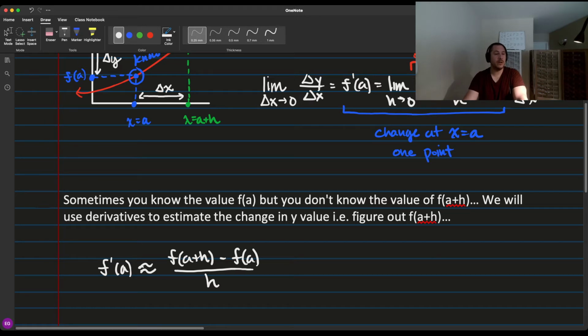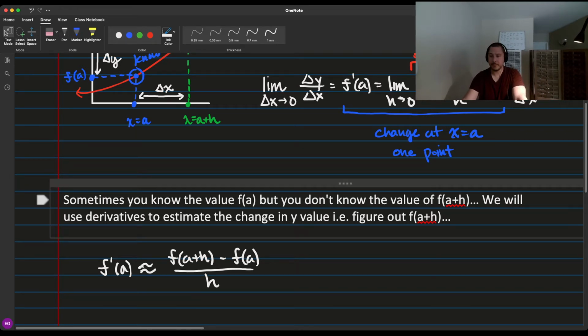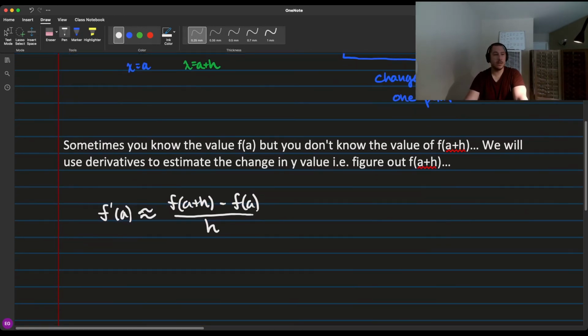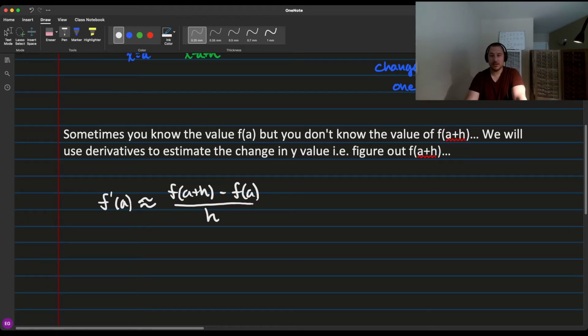So the derivative is going to be pretty close to f of a plus h minus f of a all over h. And then we're going to multiply both sides by h. So you get f prime a times h is approximately equal to f of a plus h minus f of a. Okay, now remember, you know this value, and you want to figure out what this one is.